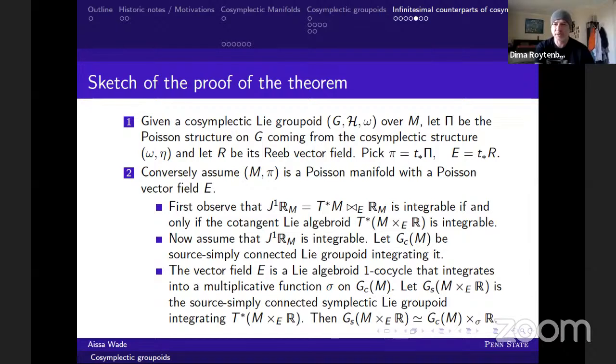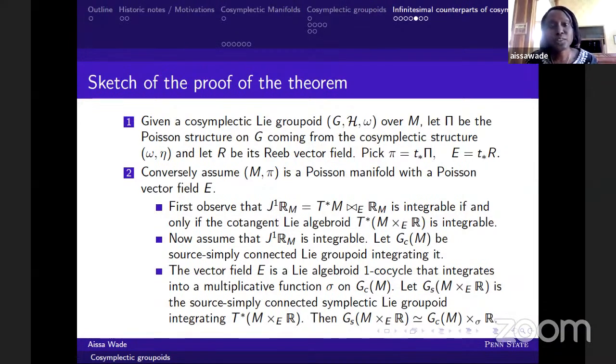Well, that actually makes a lot of sense. Yeah, this is how I understand the two structures. My understanding is that you have the cosymplectic structure, and you also have a representation in the Lie groupoid case.